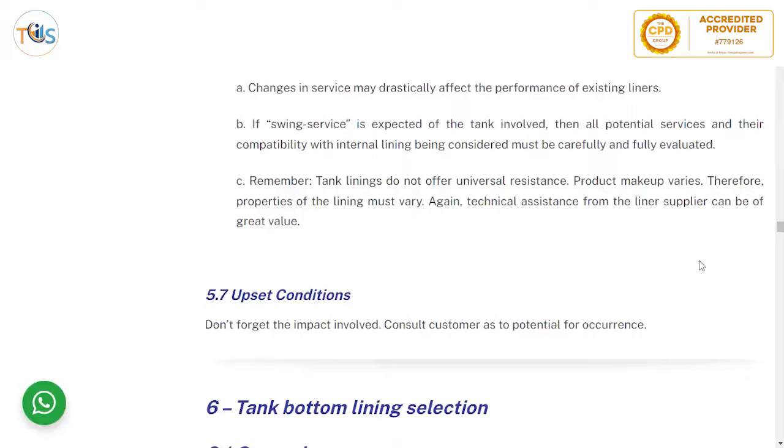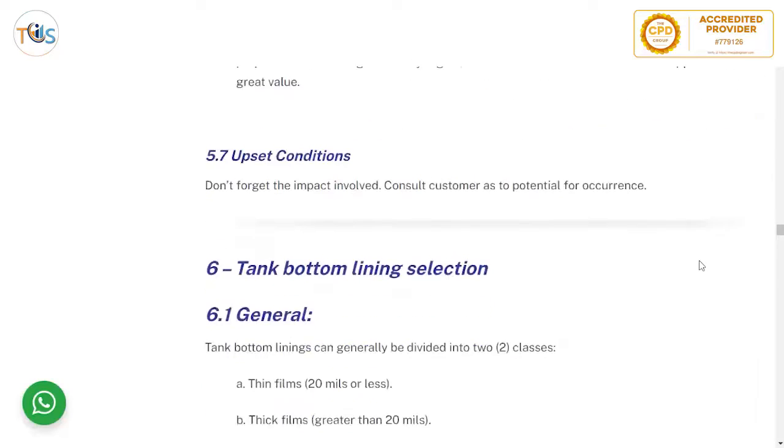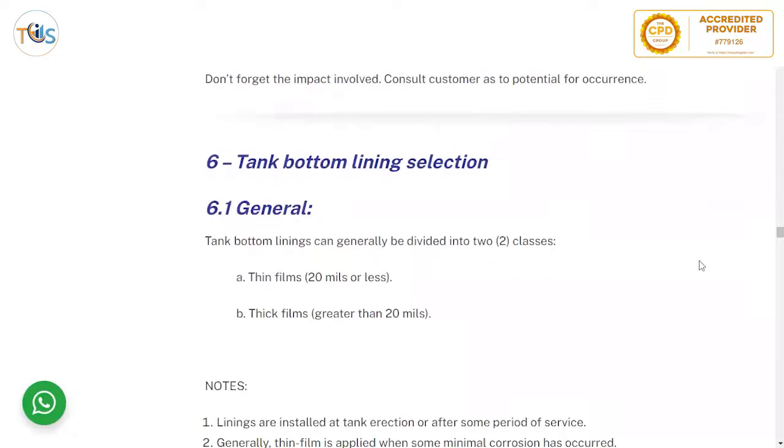Product makeup varies, therefore properties of the lining must vary. Again, technical assistance from the liner supplier can be of great value. Upset conditions. Don't forget the product impact involved. Consult the customer as to potential for occurrence.